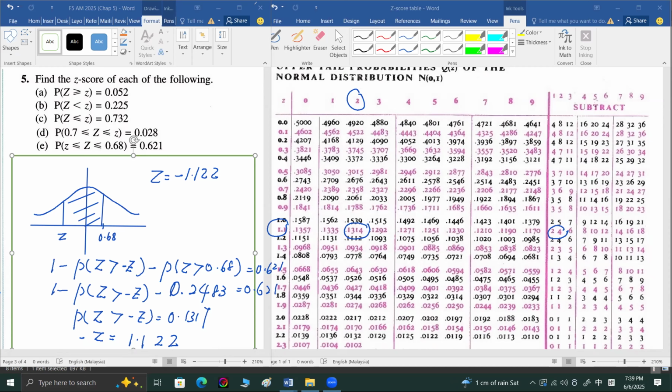Of course, if you have a calculator, you can go direct to this number and get the answer, okay? 1.122. If you're using a calculator, okay, I'll show you the calculator. For you that are using EX, you see this number?